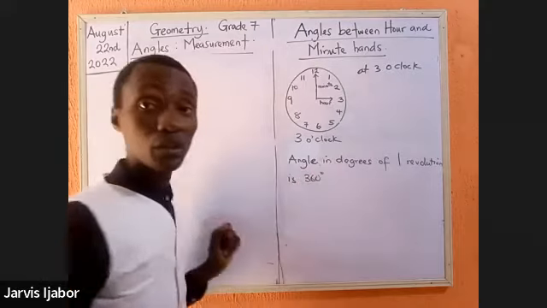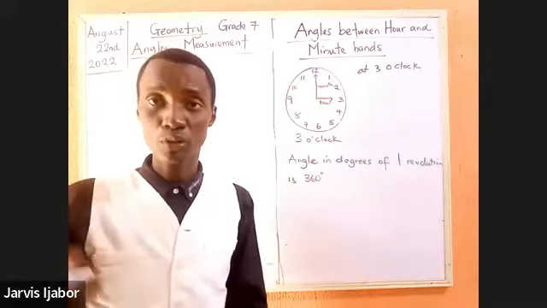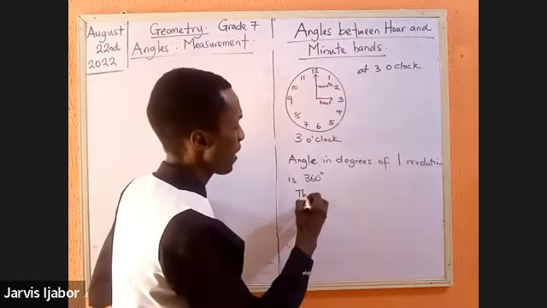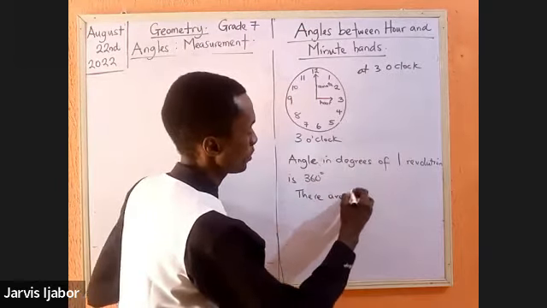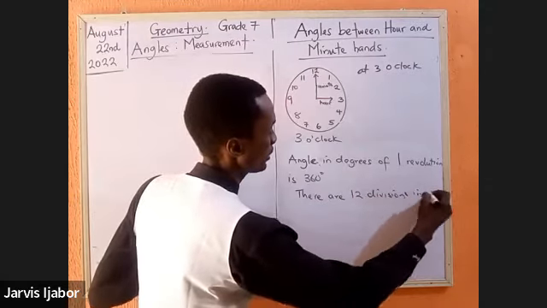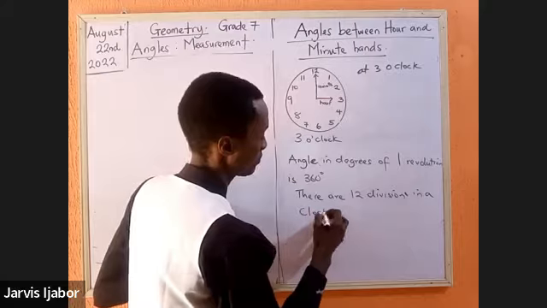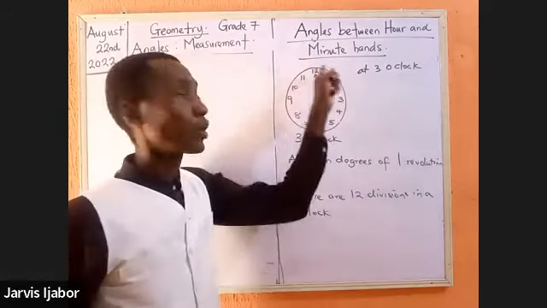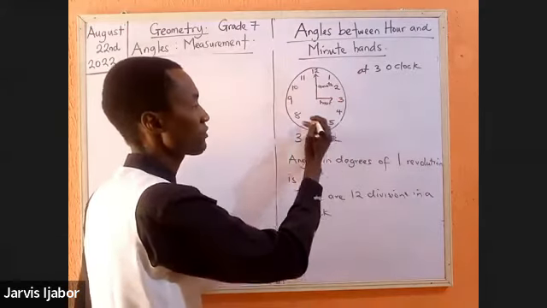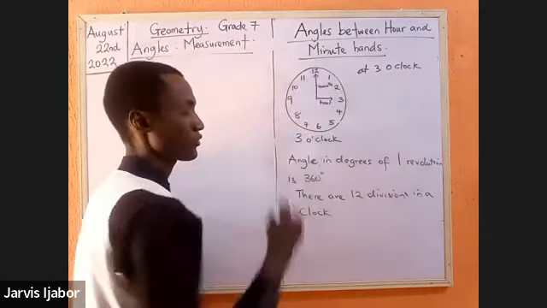That's for a revolution. Now, there are 12 divisions in a clock. I'll say it: 1, 2, 3, 4, 5, 6, 7, 8, 9, 10, 11, 12.